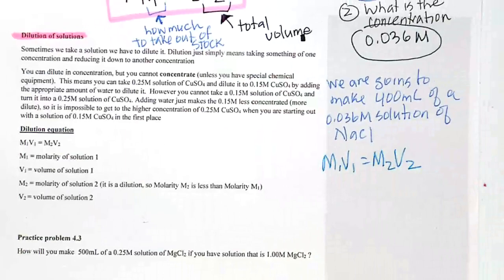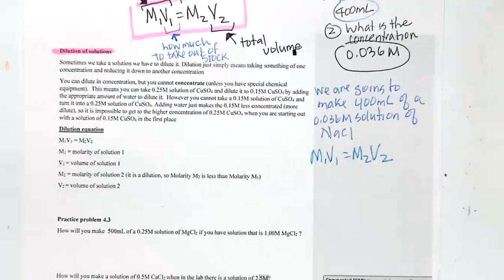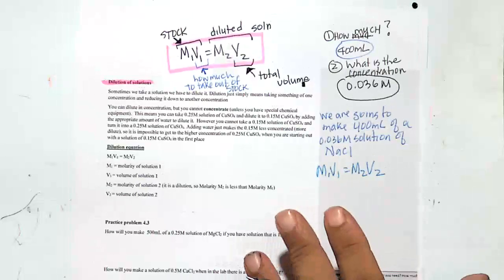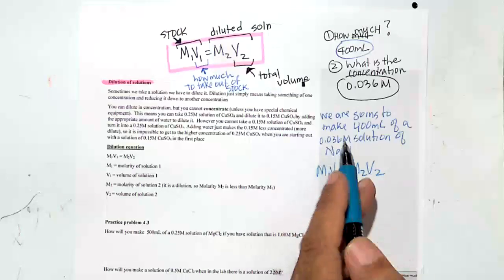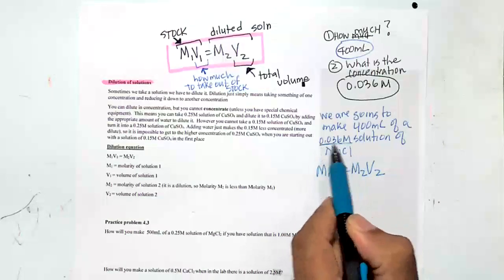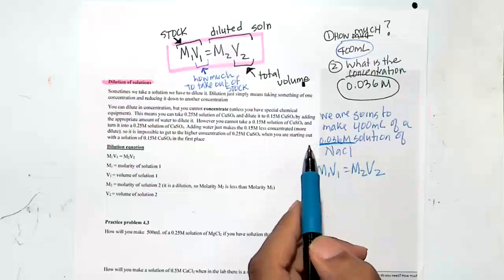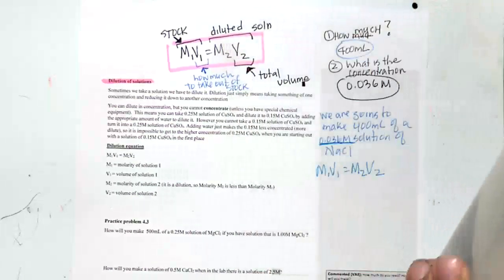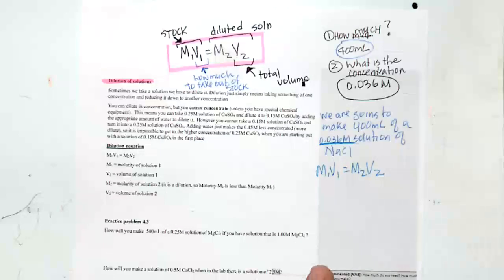So what is M1 here? Is it going to be our stock, or the diluted one that we want to make? The stock, once again from the very beginning of class, is 0.057 moles over liter.